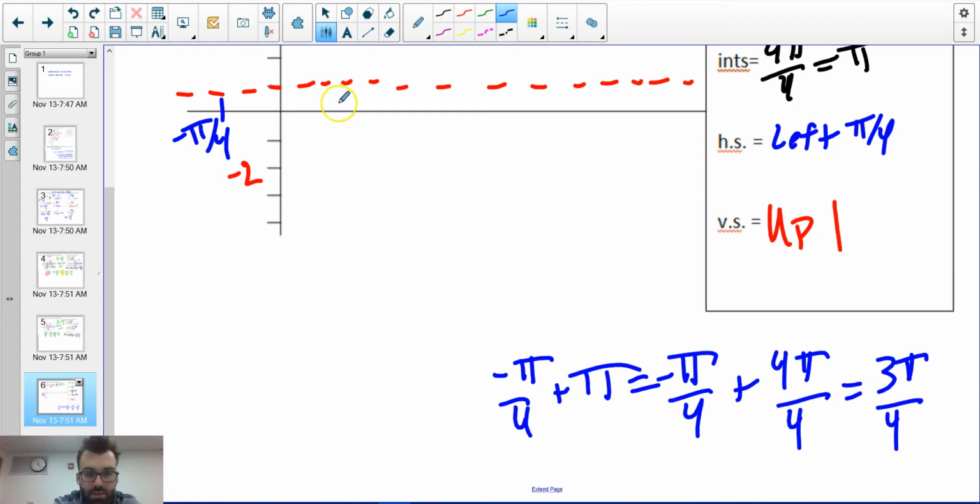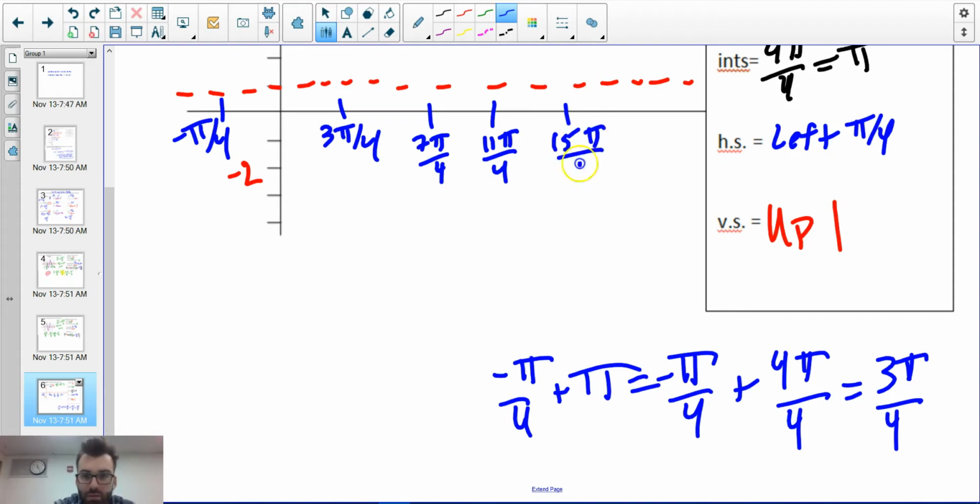So my next tick mark should be 3 pi over 4. Add 4 pi over 4 again: 7 pi over 4. Add 4 pi over 4 again: 11 pi over 4. Add 4 pi over 4 one more time, so I have 5 tick marks: 15 pi over 4.